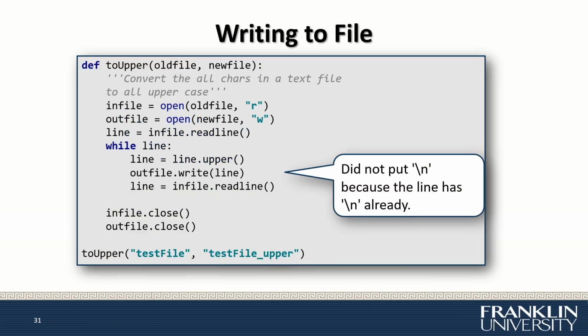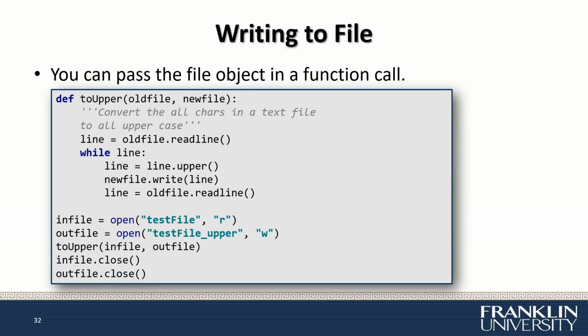When you write into a file, you can pass the file name to a function and let the function open the file to read and write, or do whatever you need to do.